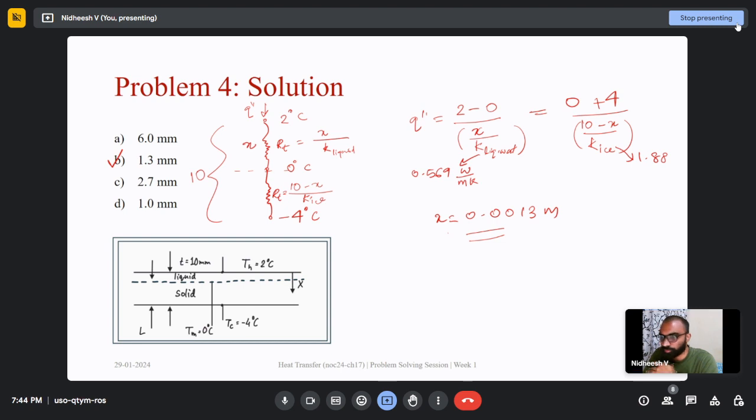Sir, if suppose the thermal conductivity value is not mentioned here, is it possible to assume, or otherwise we need to take some standard values and approach the problem, sir?